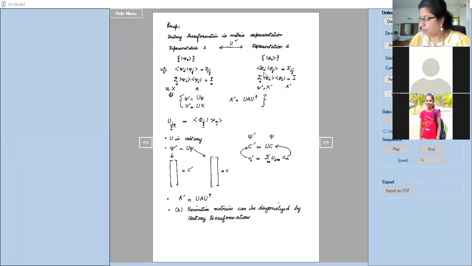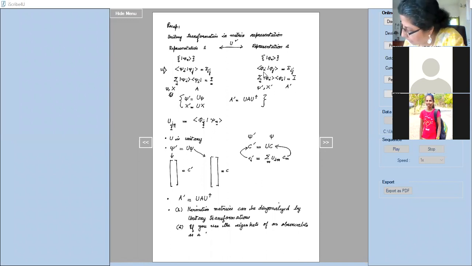So what was the other thing that we learned? We learned that if you use the eigenkets of an observable as a basis, so this is not over here, but we learned it earlier, then the observable is a diagonal matrix, right?